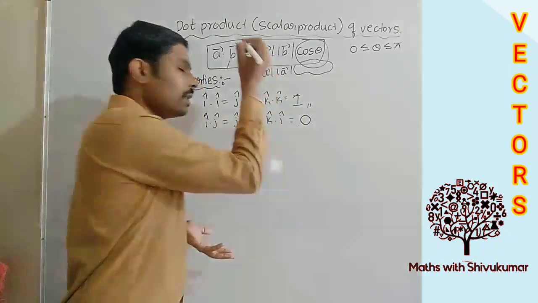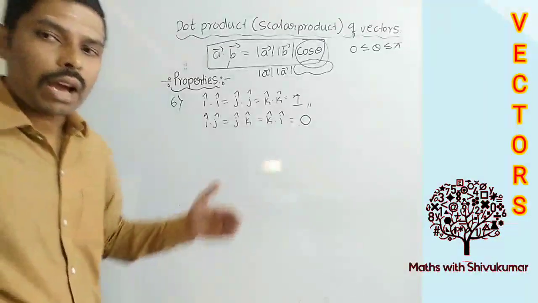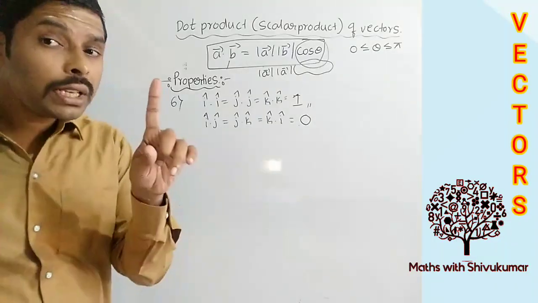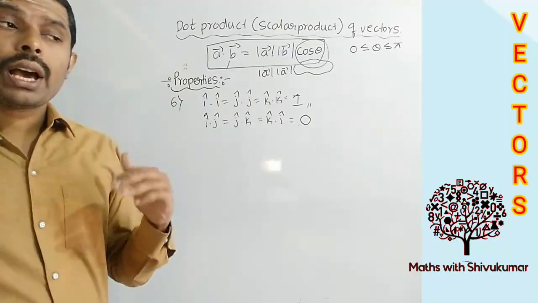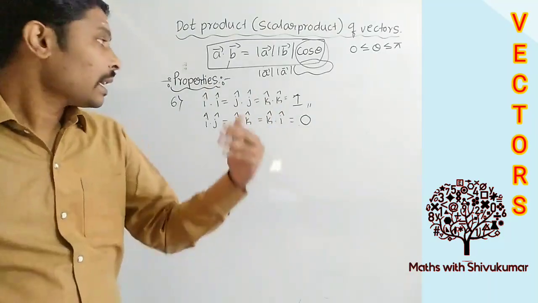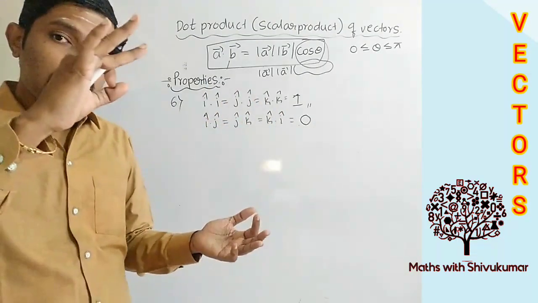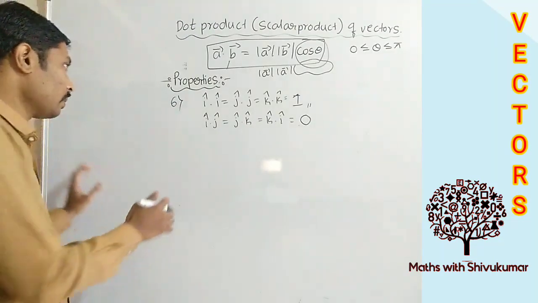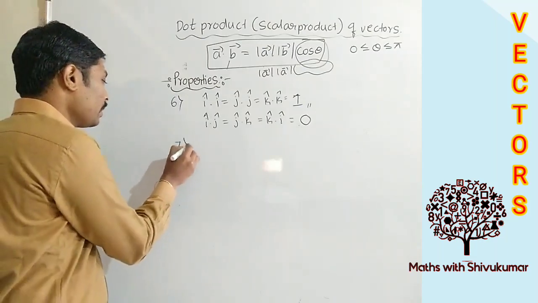So this value is 0. i with itself, j with itself, k with itself, always 1. i with another, j with another, k with another, always 0.